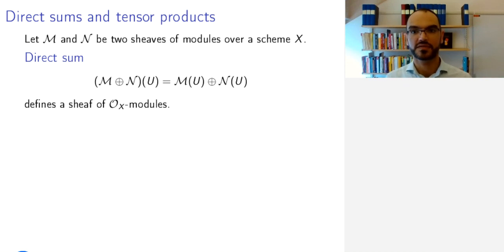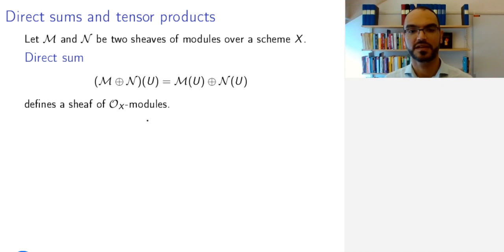Some other important constructions are those of direct sums and tensor products. These are well-known constructions for modules, so let's extend them to sheaves of modules. The direct sum is not problematic at all. If you have two sheaves of modules, then the naive direct sum defines a sheaf of modules.